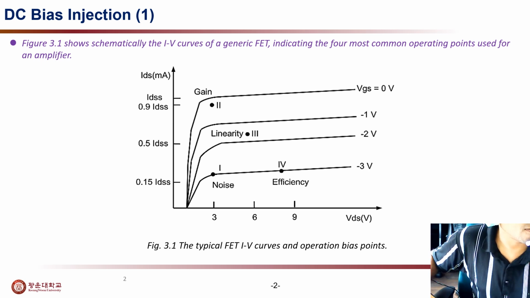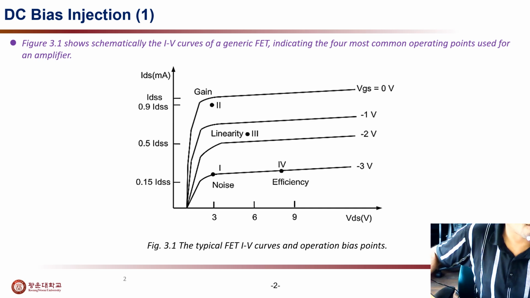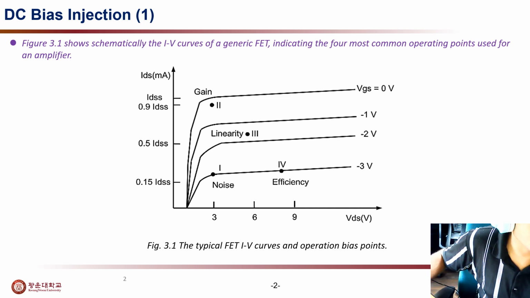Figure 3.1 shows different bias points 1, 2, 3, 4. The first bias point is called the noise point, where the FET is operated at VGS of minus 3 volts. This point is also called the low noise operating point.